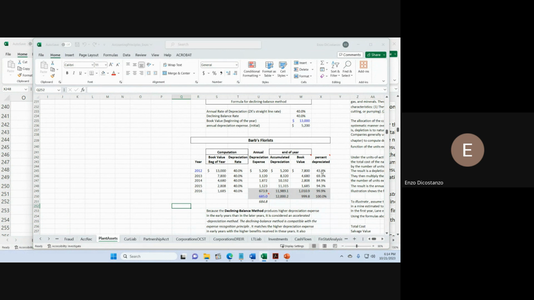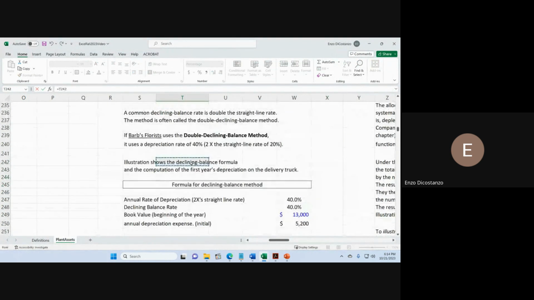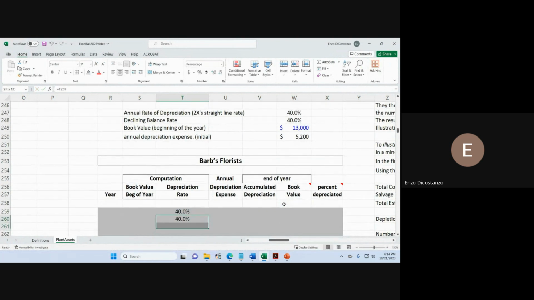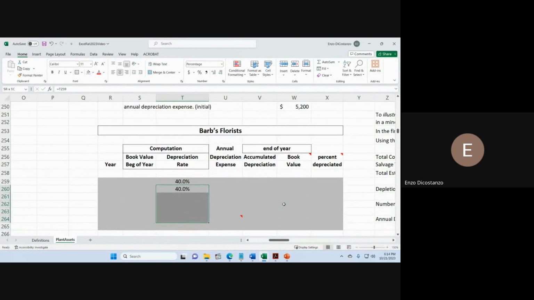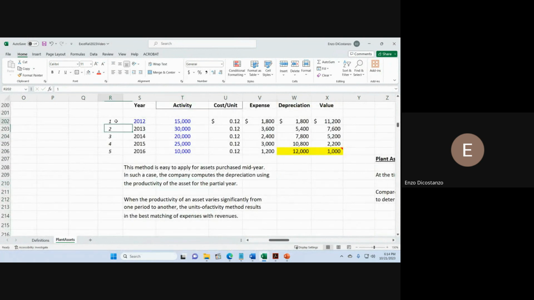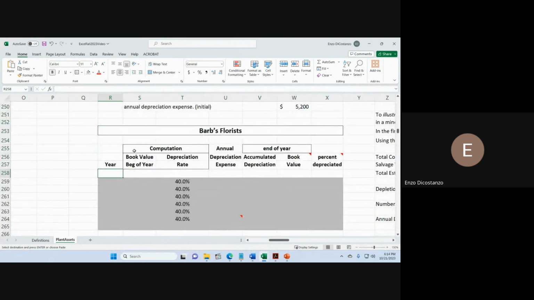Okay. So this rate will be 40% the whole way. And let's pick off these 5 years here. That's that.